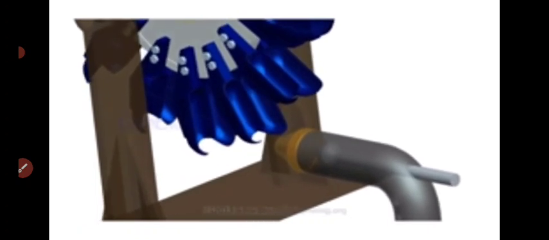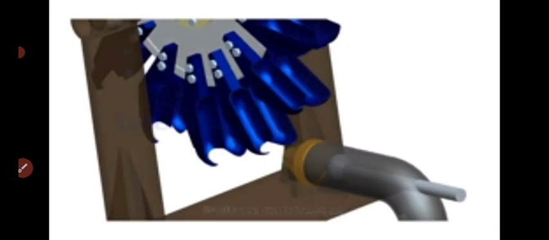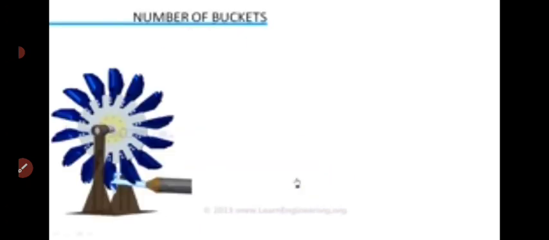A cut is provided on the bottom portion of the buckets. This makes sure that the water jet will not get interfered with by other incoming buckets. One of the most important parameters of Pelton turbine design is the number of buckets on the disc. If the number of buckets is inadequate, this will result in loss of water jet.